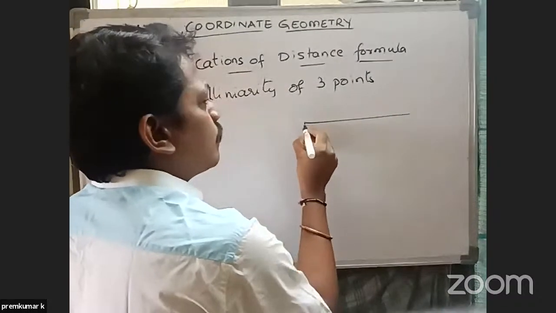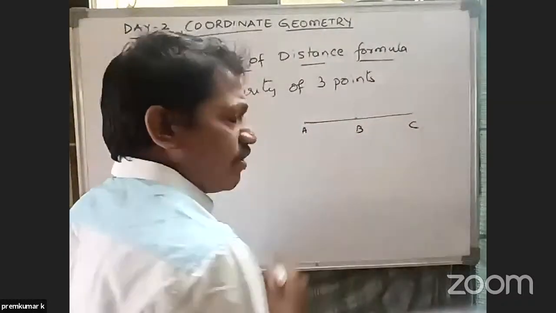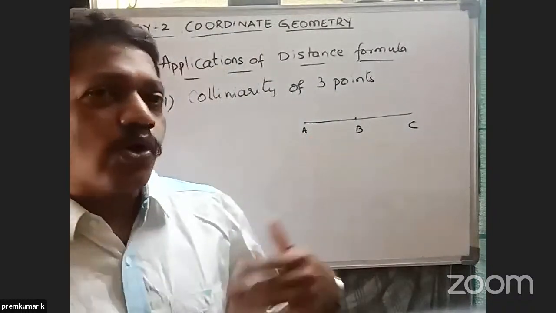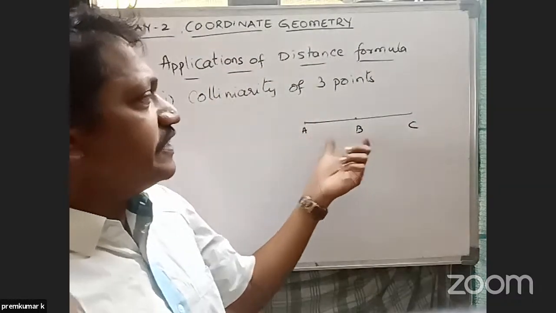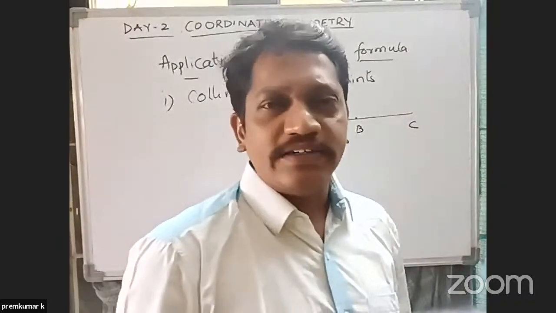If 3 or more points are lying on a line, then these points are said to be collinear points.